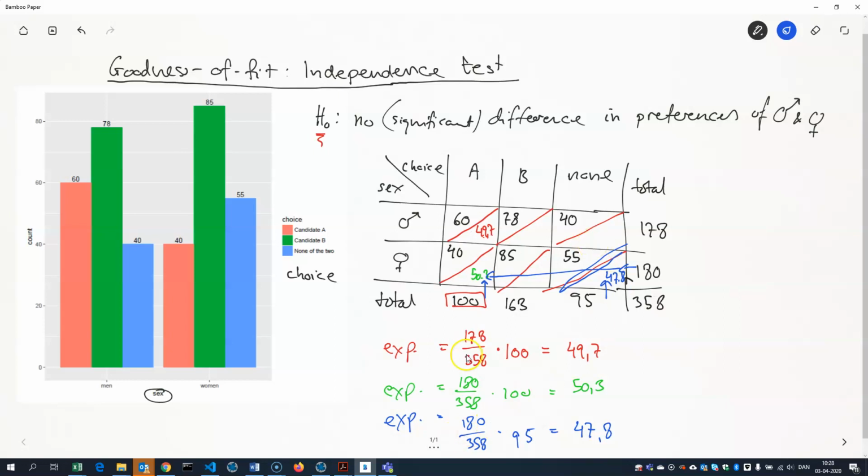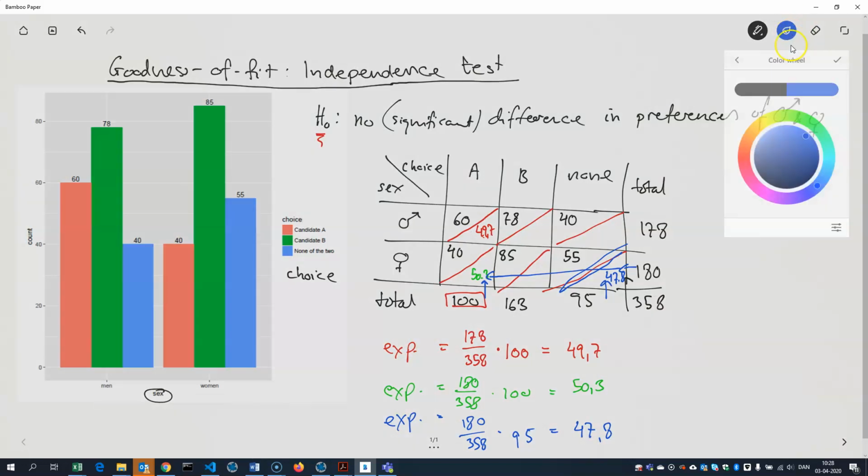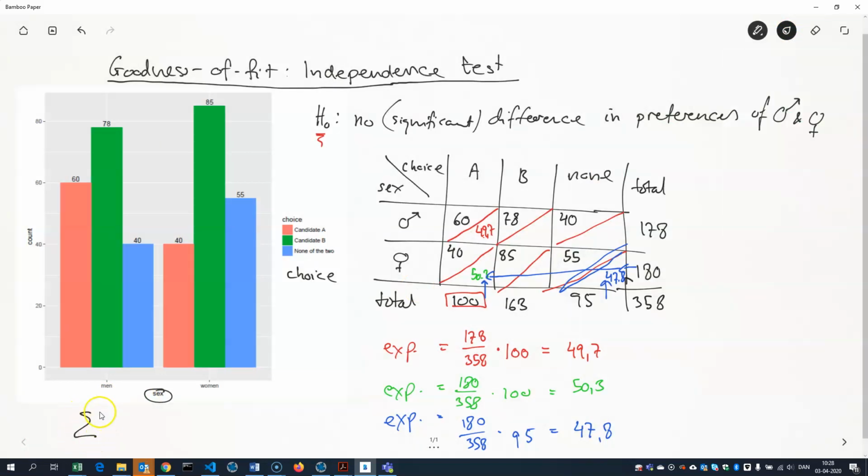Right, so we imagine we do this for all 6 categories. That means we have expected numbers in all of these 6 boxes. And what we will do then is compute a sum of the observed ith value minus the expected ith value squared, divided by the ith expected value.